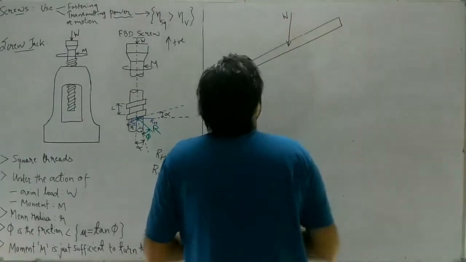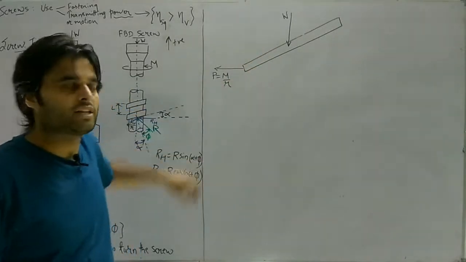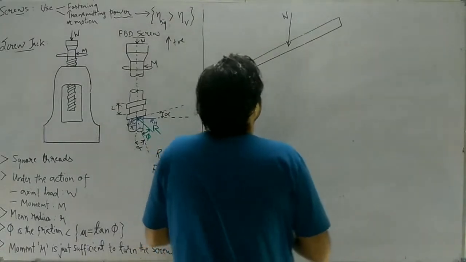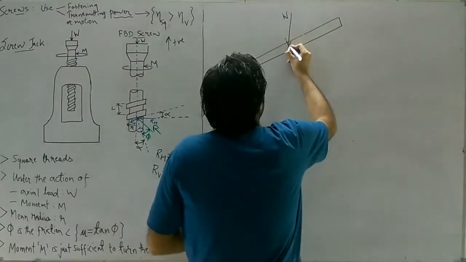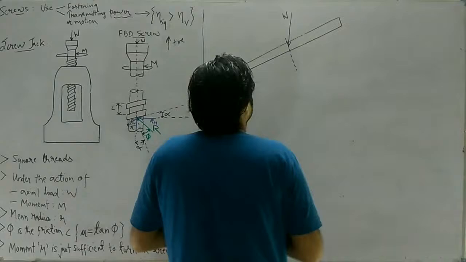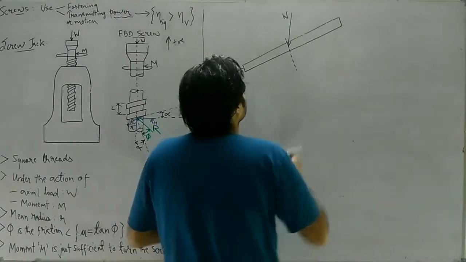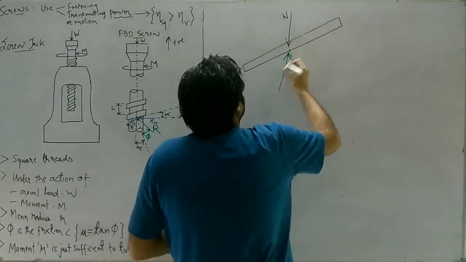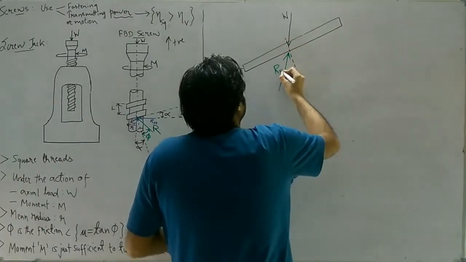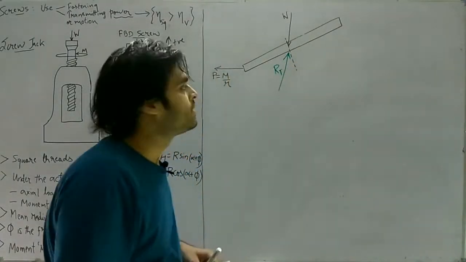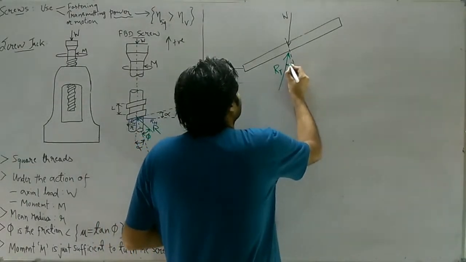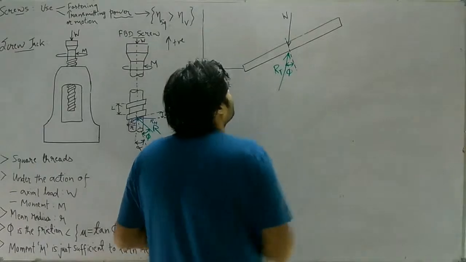This is the weight. Okay, now this thread will have a tendency to slide down, so frictional force will be upwards. Okay, so the reaction from the frame would be like this. This will be phi.